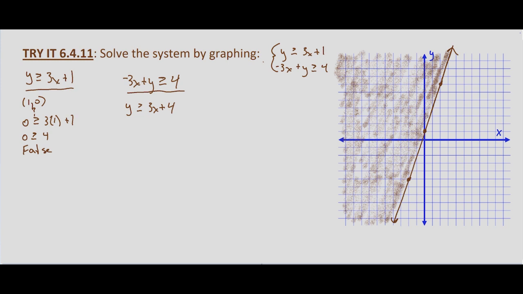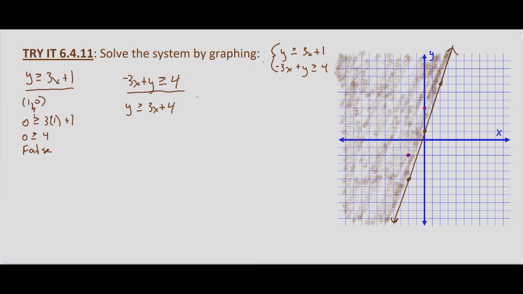So at x equals 0, y is going to be 4. At negative 2, we're going to have 3 times negative 2 is negative 6, plus 4 is negative 2. So negative 2, negative 2.